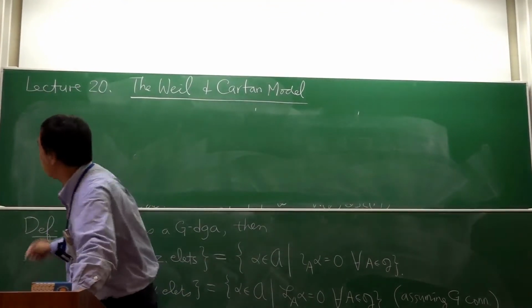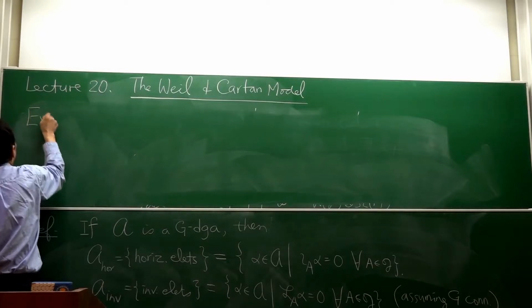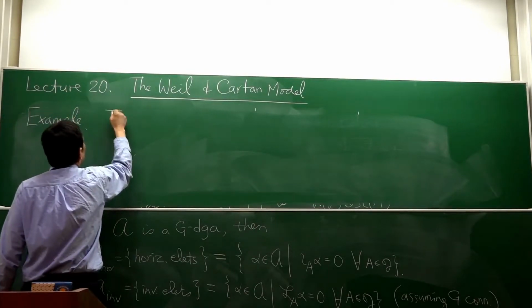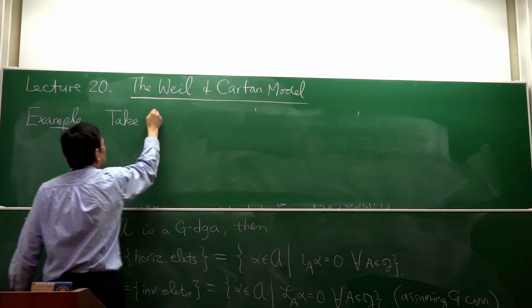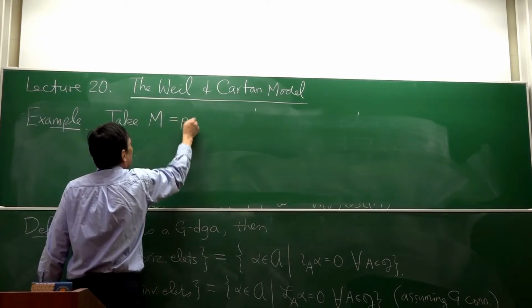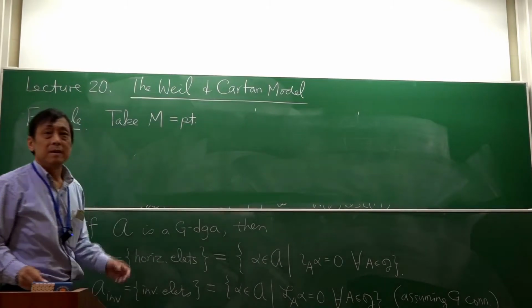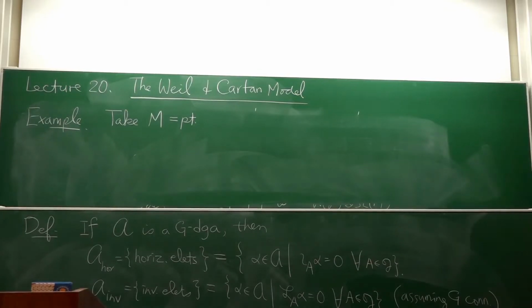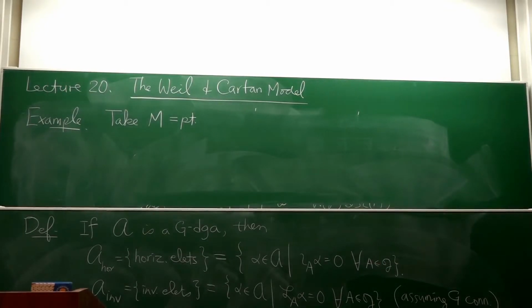So example. So let's take M to be a point. G acts on the point trivially. Okay?